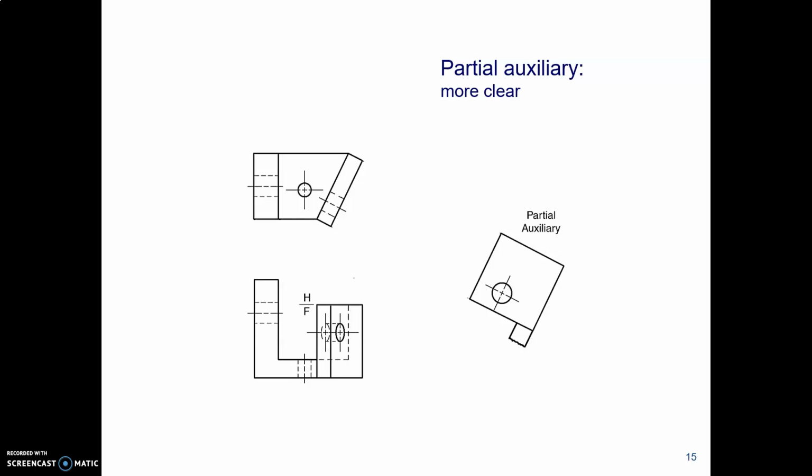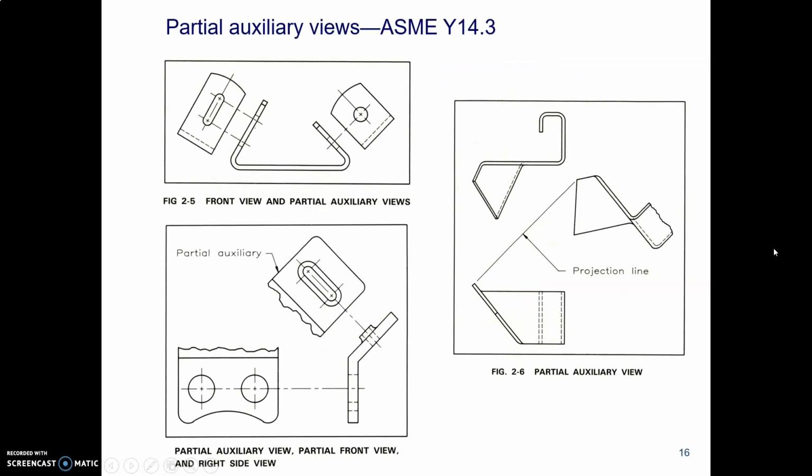So if you get that out of there and you just do a partial auxiliary, all we really need to show is the shape of that flange and where the hole is. So now we're better. And here is ASME showing us some partial auxiliary views. You'll notice in this formed sheet metal part at the top, for example, they don't project all the surfaces that one would see. They just project a partial view of the part of the feature that you're interested in.